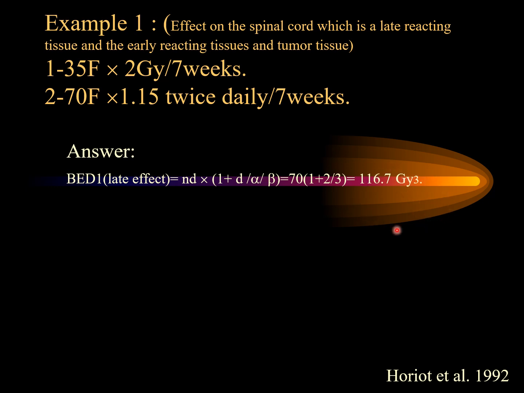To let us know that this is not an absolute dose but a biological effective dose, you have to write it like this, gray, and I used the alpha beta ratio of 3, so I'm putting it as gray 3.